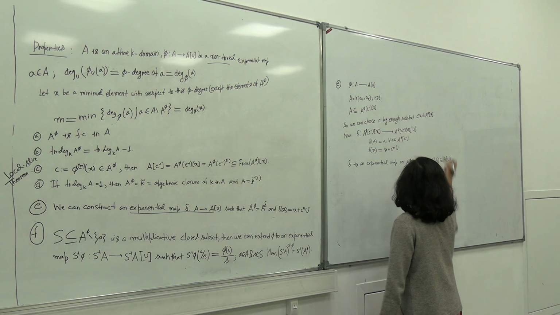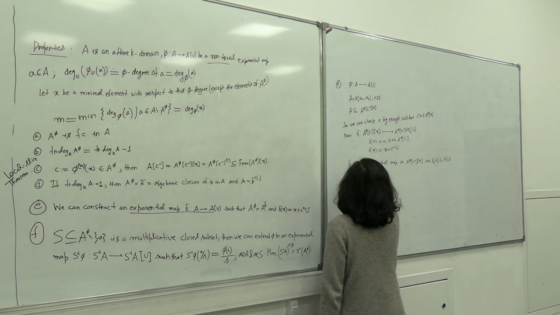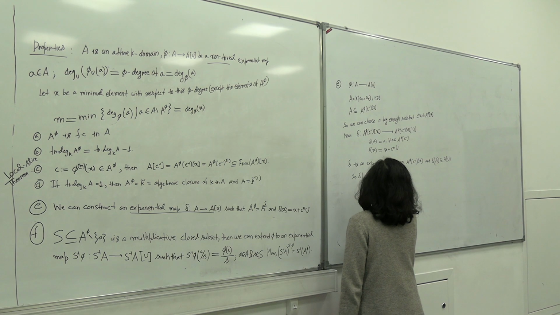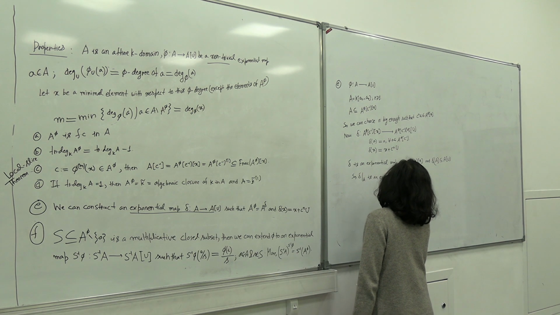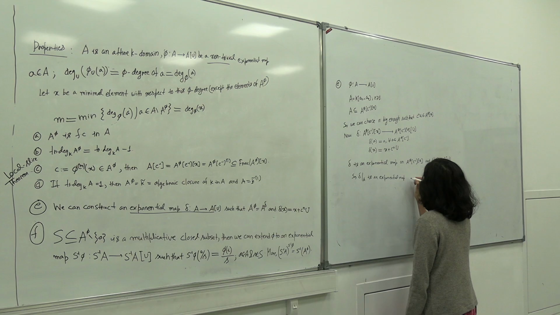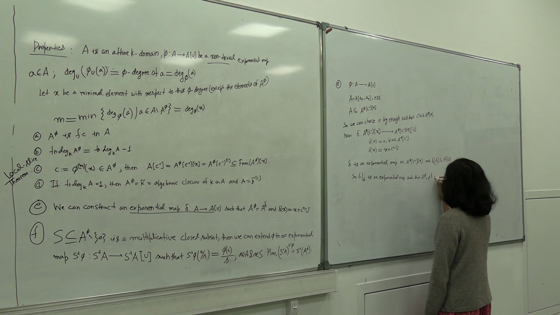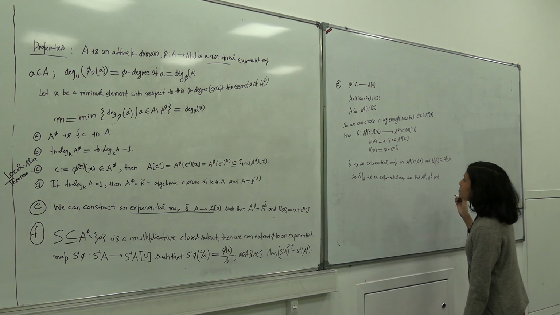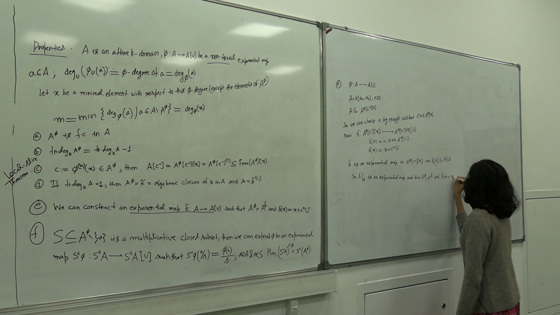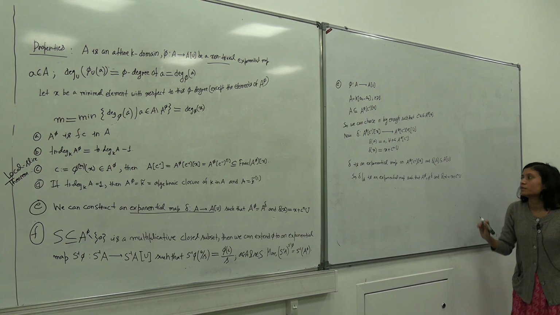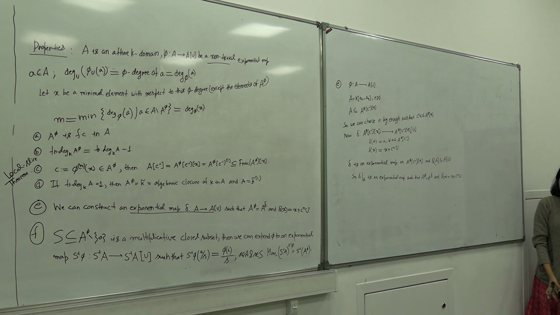N was here only. So delta restricted to A is an exponential map such that A of phi is equal to A of delta, and delta of x goes to x plus C to the power n of u. And we can take m to be 1 from henceforth.